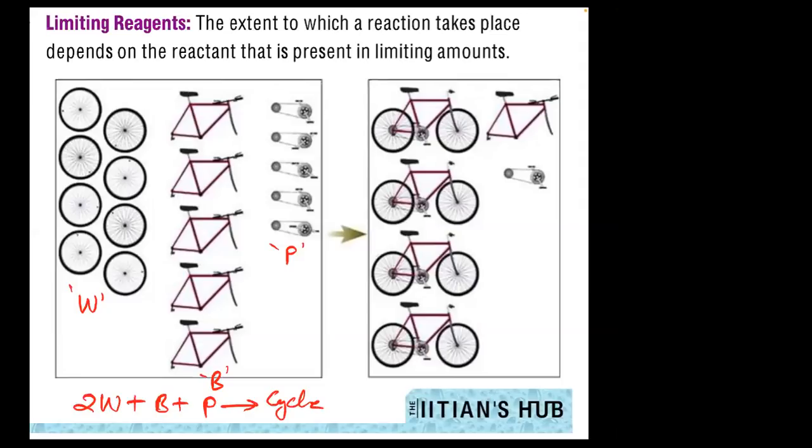In this case also the limiting reagent is the wheels. It will decide how many complete bicycles can be prepared. So from 8 wheels, you can get 4 complete bicycles.